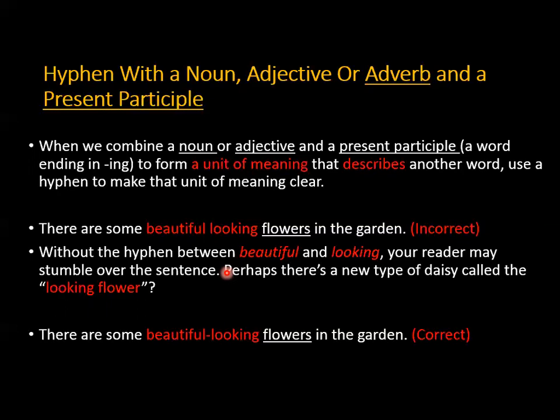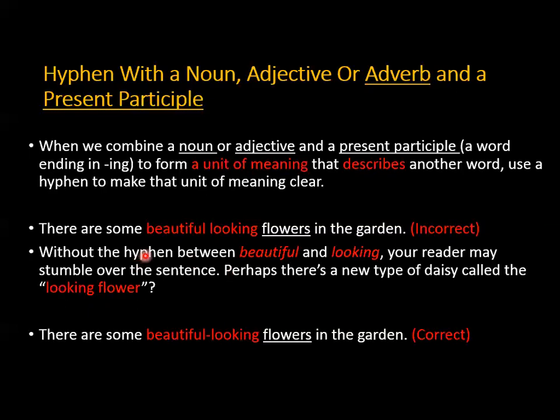It's a word that ends with ing. If we're using a noun, an adjective, or an adverb with a present participle to form a unit of meaning that describes another word, so mainly to function as an adjective or an adverb, we use a hyphen, like this one.